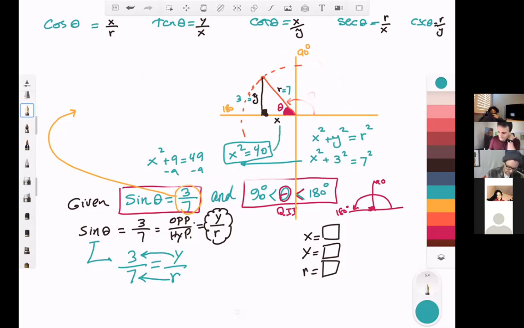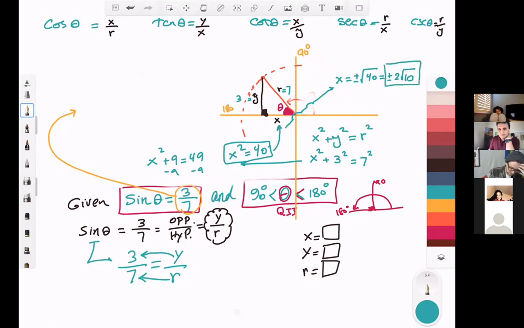We haven't solved for x yet because x squared equals 40. So what is the value of x? Square root of 10. Good calculator, Elizabeth. x will be plus or minus root 40, which is plus or minus 2 root 10. Now the question is, we have plus and minus, correct?